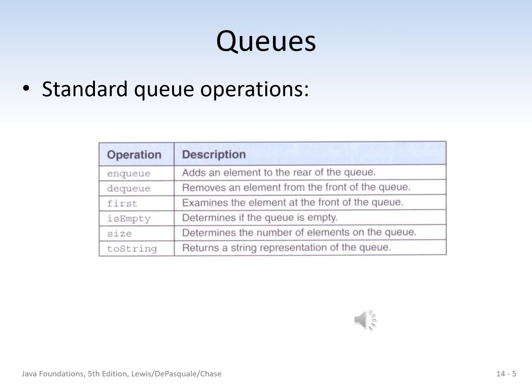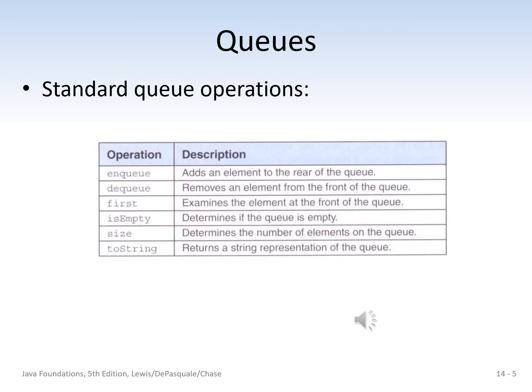If you recall, the operations for a stack were push, pop, size. We had peek. The standard queue operations are enqueue, which adds an element to the rear of the queue.